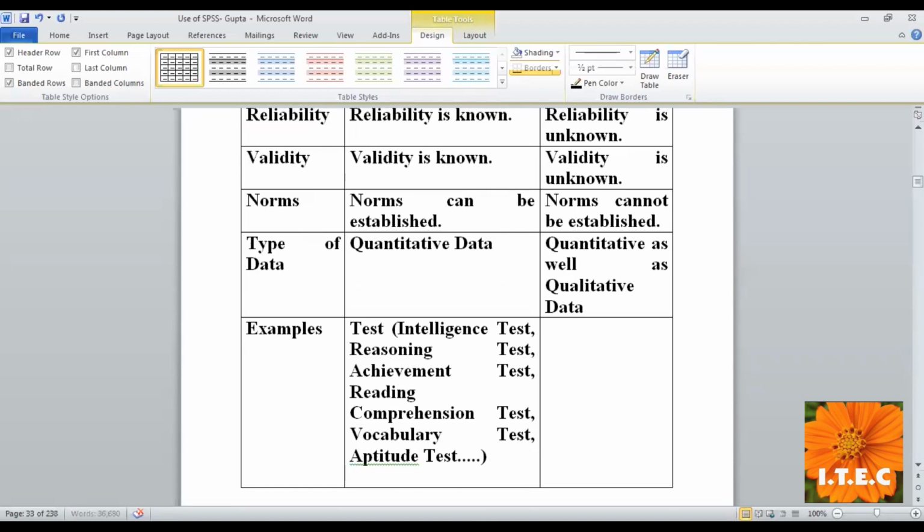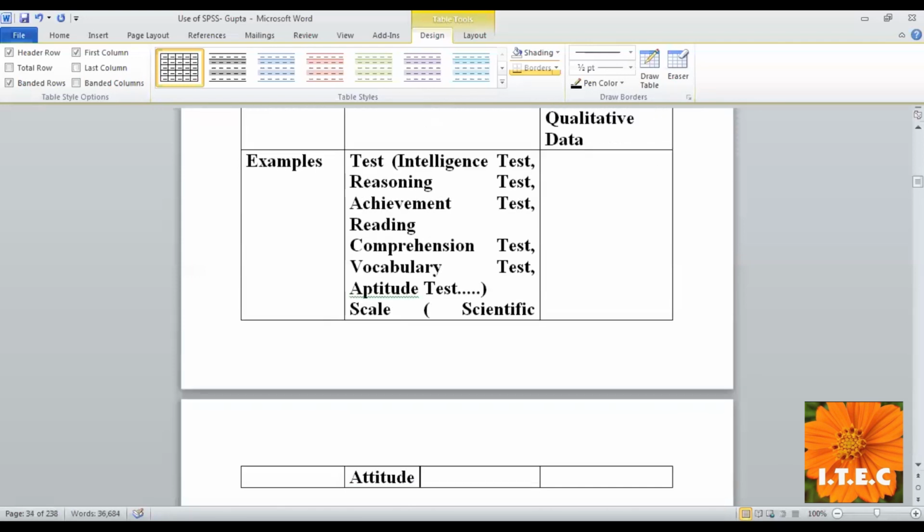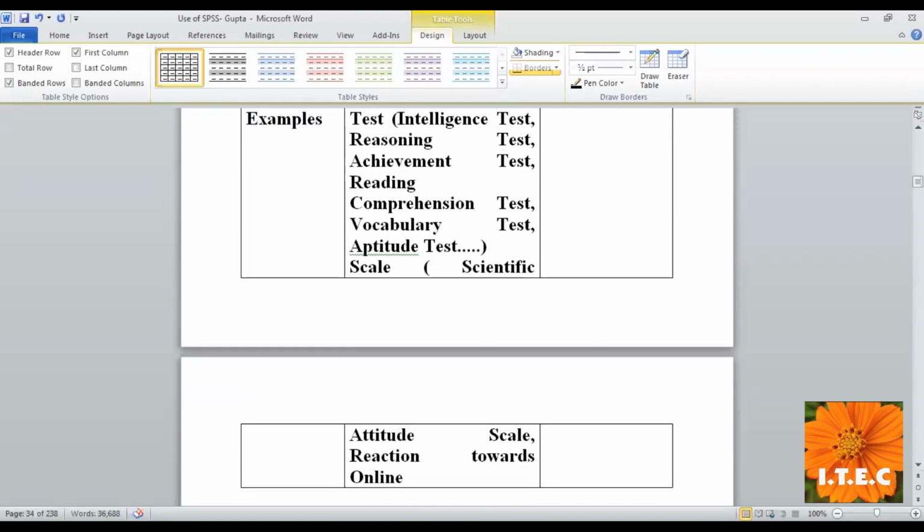Then another is a scale. It is scientific attitude scale. It is a reaction towards online program scale.